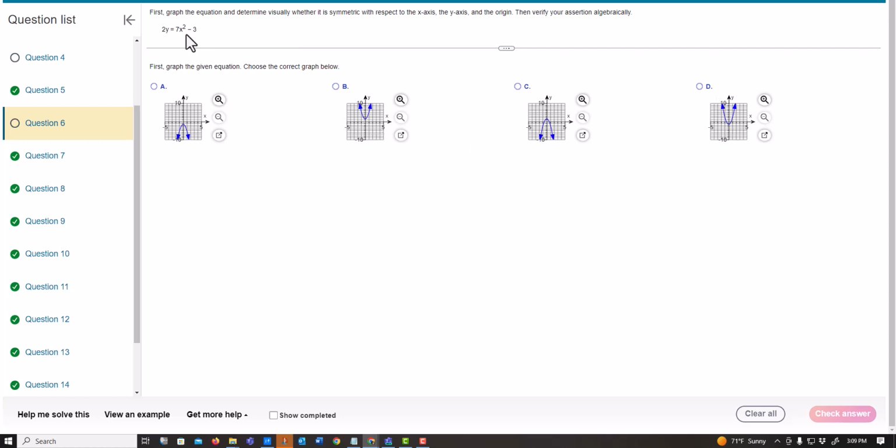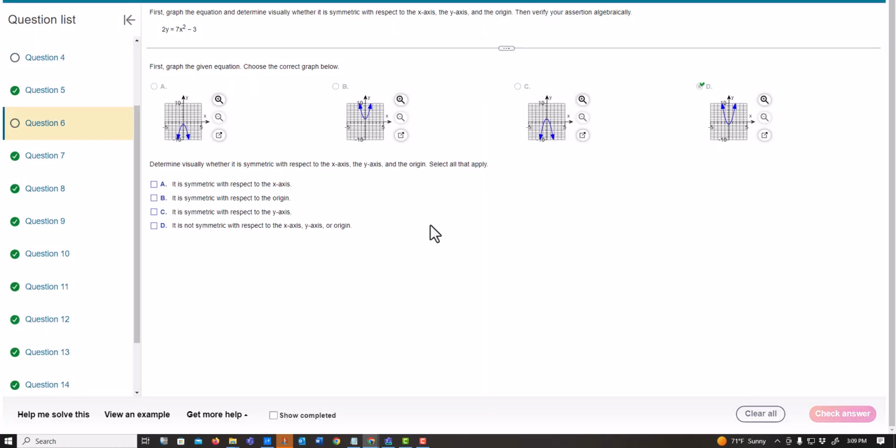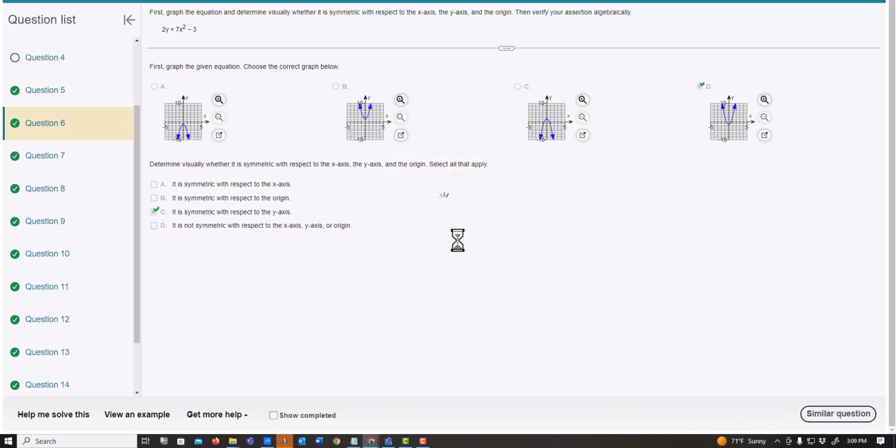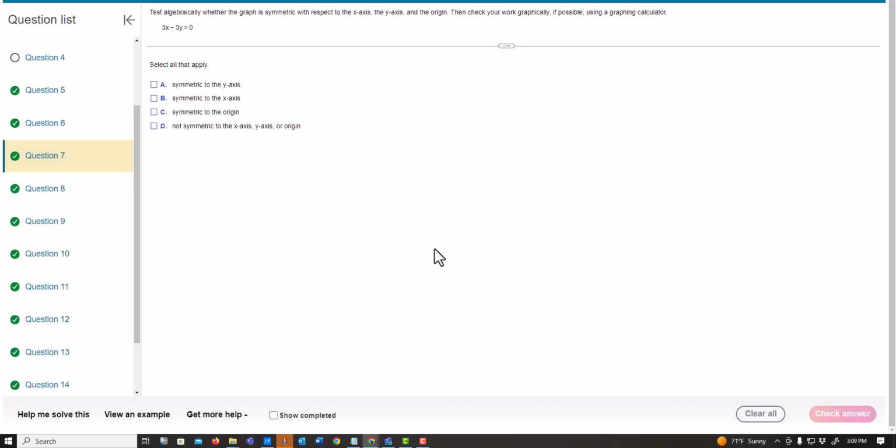Once again, if I'm dividing everything by 2, I can see that this is going to be -3/2, so it's going to be moved below. And then if I cut this in half on the y-axis, I can see that it is symmetric to the y-axis.